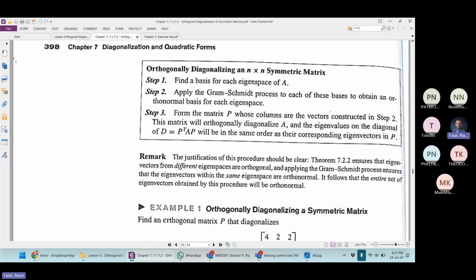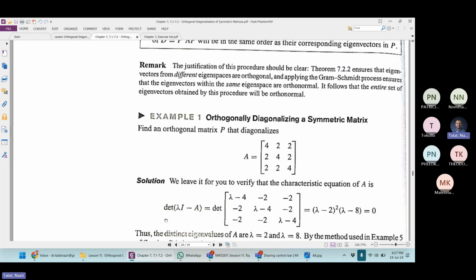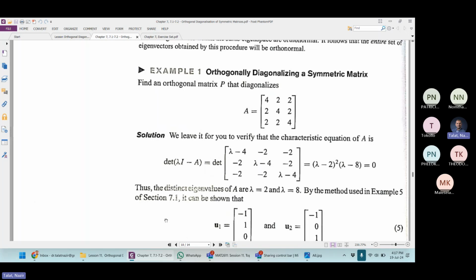Let's see one example regarding this. For instance, if we need to find the orthogonal matrix P such that this matrix is orthogonally diagonalizable, what we need to do first of all is find its eigenvalues and eigenvectors. We know that we can take the characteristic equation, the determinant of lambda I minus A equal to 0, and solving this we get the roots of this equation.